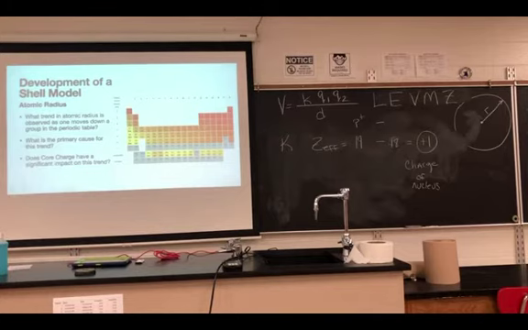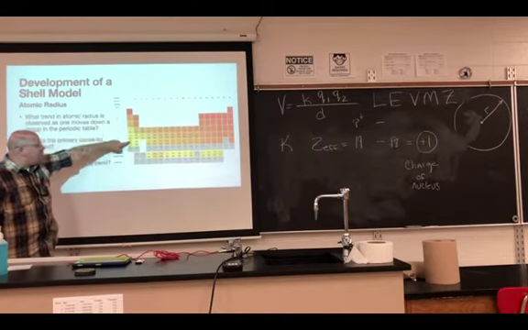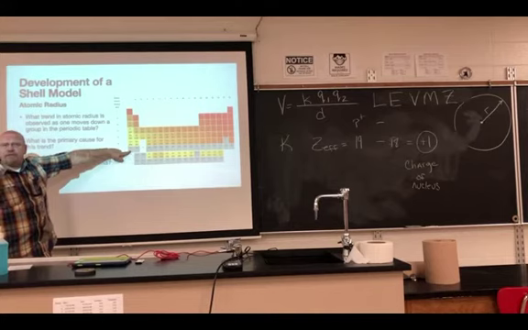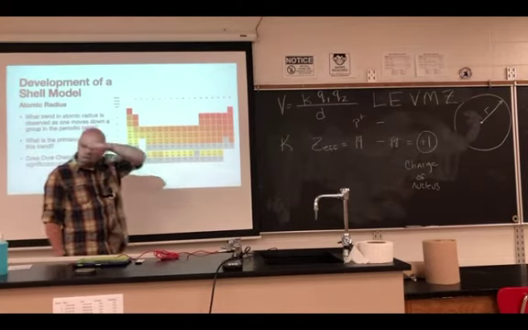Each time you add a shell, those electrons are going to be further away from the nucleus. As you go down a group, all of them have the same number of valence electrons, the difference being what shell they are in.